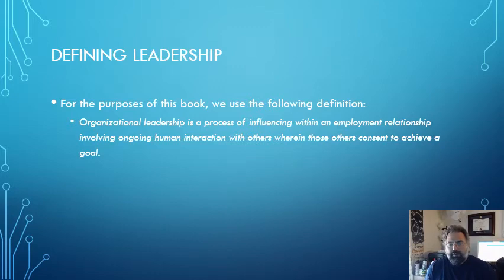The key things to break down are the process of influencing. That's key. It's not a single time that you influence, and it's not a single time that you're controlling. You're influencing the relationship of an employee, somebody who's choosing to work at an organization, with the intent of reaching a goal.